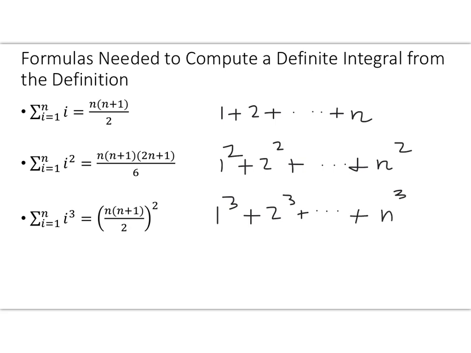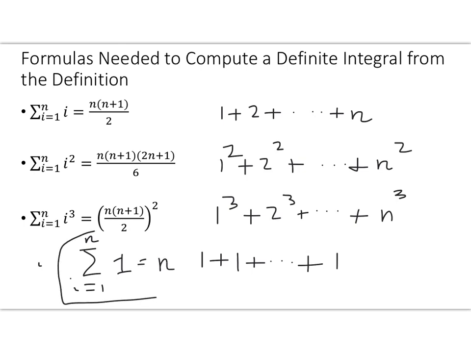And one other formula that should be here but is not is just what happens when you add up n ones. So that's just 1 plus 1 plus 1, n times, and so that should just be equal to n. So that's a formula that we also want to include in this list of formulas.